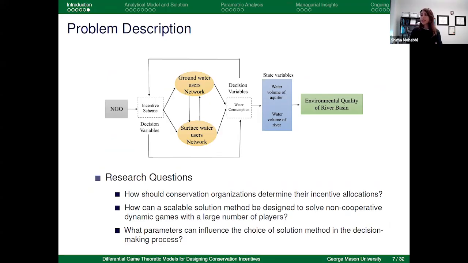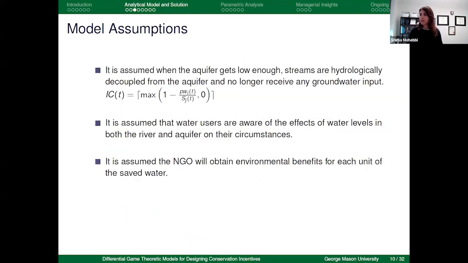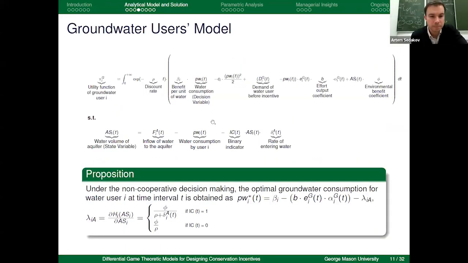No, these are dependent, because if you look at the utility function, they have a decision variable, the effort level for the NGO. So that's how they can solve it. And if you look at this one, their optimal decision variable is a function of the NGO's effort level. So that's how these are connected.